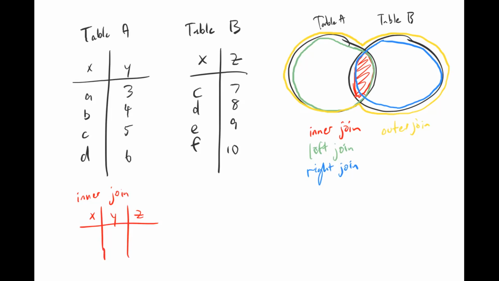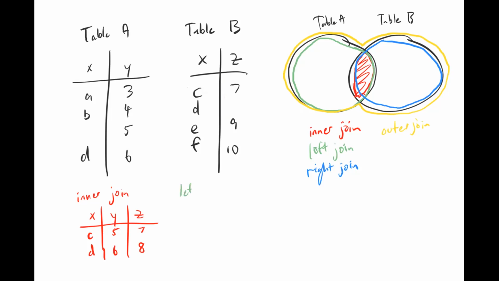That is C and D, the only points that exist in both tables. So we'll have C, D, my Y is going to be 5, 6, and my Z is going to be 7, 8. When you perform an inner join, this table is what gets returned to you.